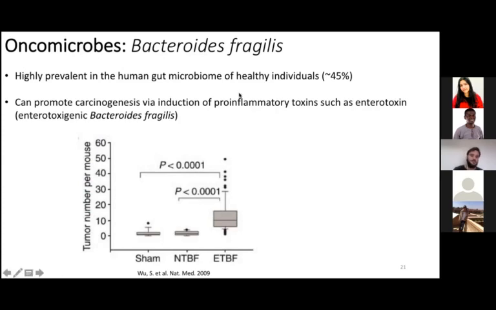And this is generally called ETBF, so it's the enterotoxigenic Bacteroides fragilis. And this work by Wu and colleagues in 2009 showed that Bacteroides fragilis, whether enterotoxigenic or not, really increased the number of tumors in their mouse models.